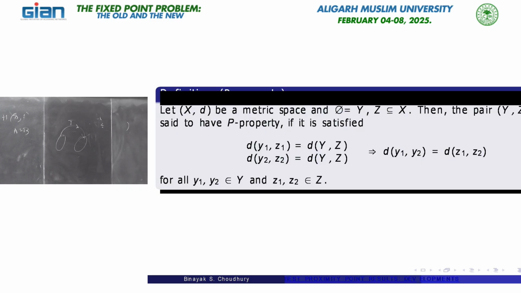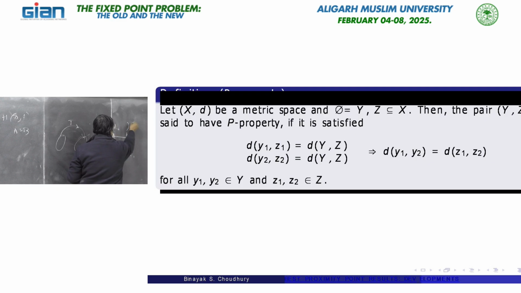That is again borrowing in some ad hoc manner the property which is called the P property. As you can see, when y1 is equal to z1, y2 is equal to z2, then this is the property. This is y1, z1, one proximity pair suppose, and y2 is equal to z2.